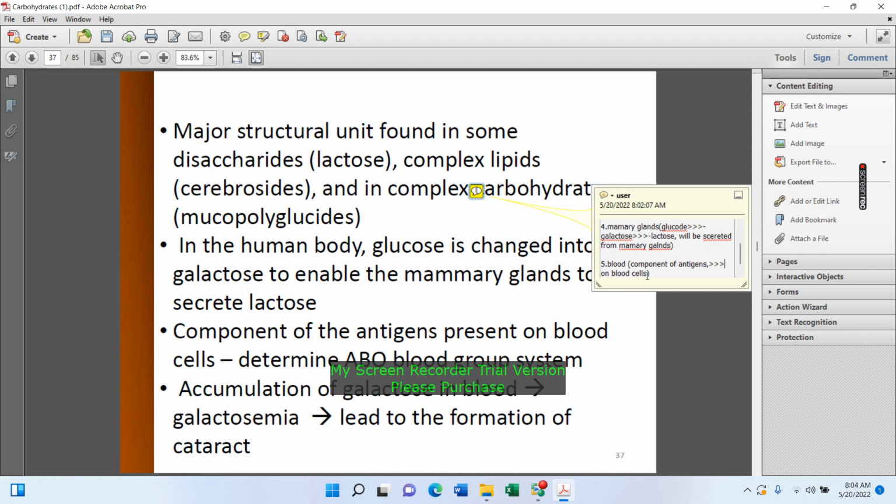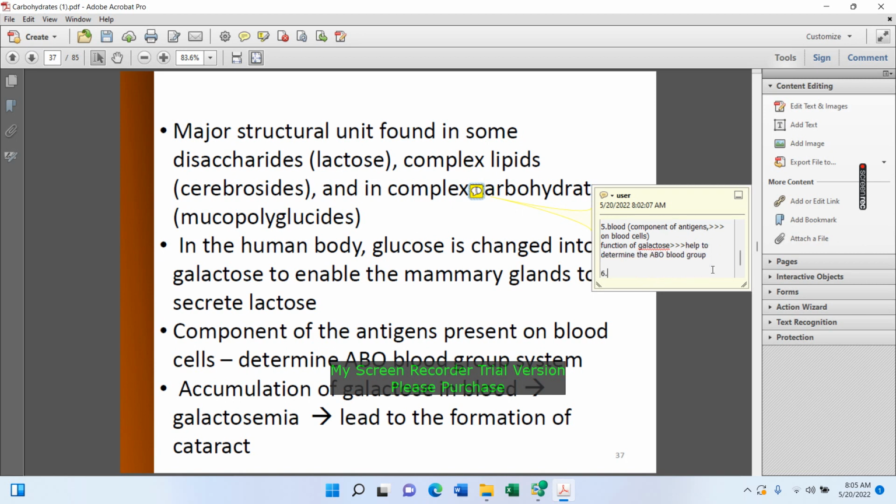So thereby it helps to determine the ABO blood group. The function of galactose here is to help determine the ABO blood group. Let's say help to, because many other substances contribute to this.